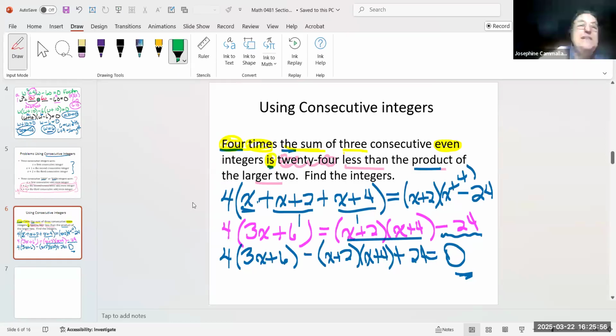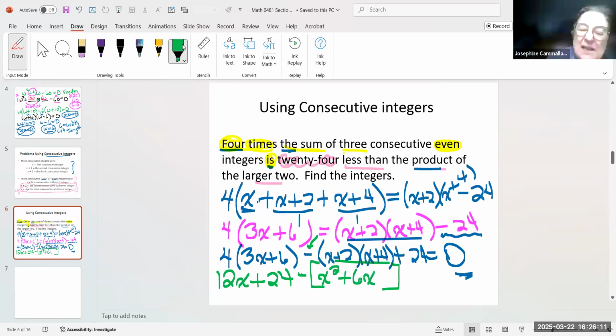Distribute with this negative sign because I have to FOIL first, which gives me x squared plus 6x plus 8, okay, plus 24 equals 0. Be careful of this negative.